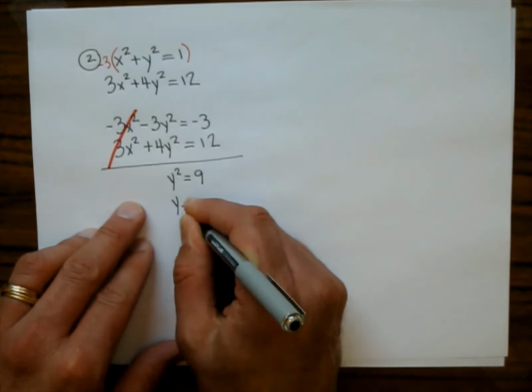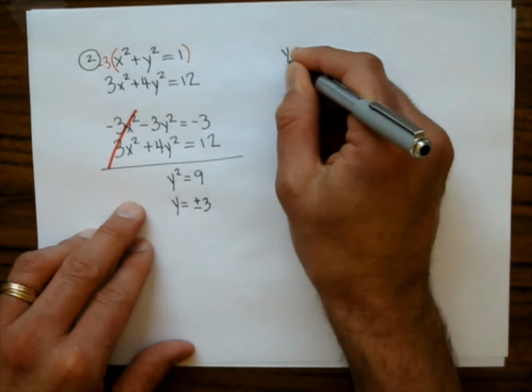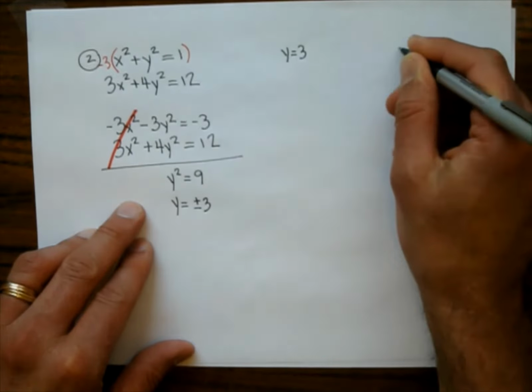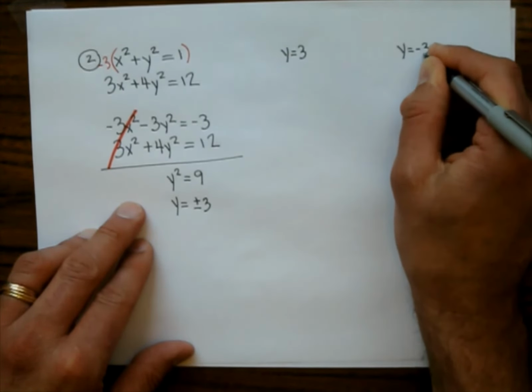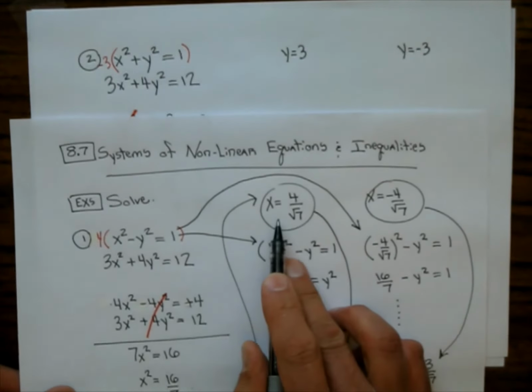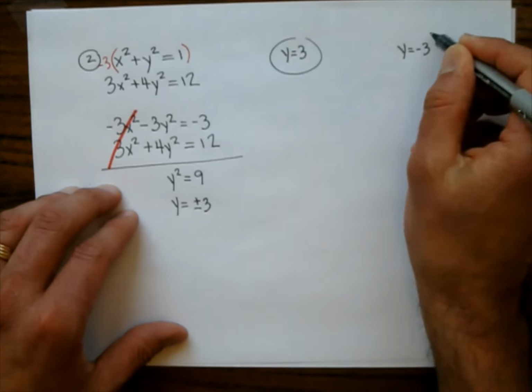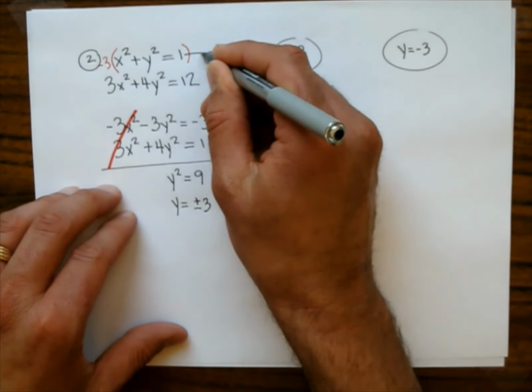So this is y equals plus or minus 3. So let's take them up here. Y equals 3, y equals negative 3, just like we did with the other one. Except I had the x's. Remember I had that x equals this and x equals that. I'll circle them. And I'm going to go ahead and put this in the simpler equation.